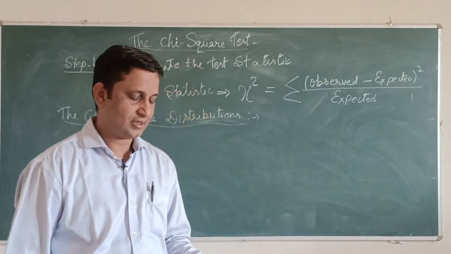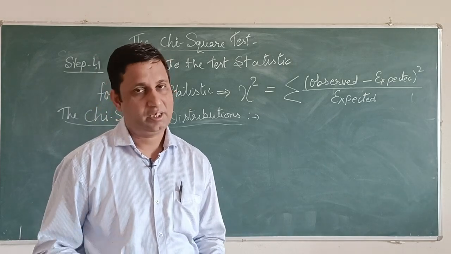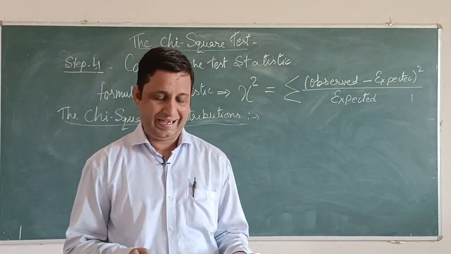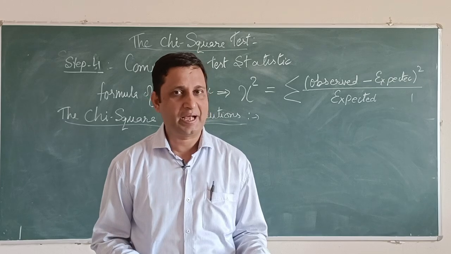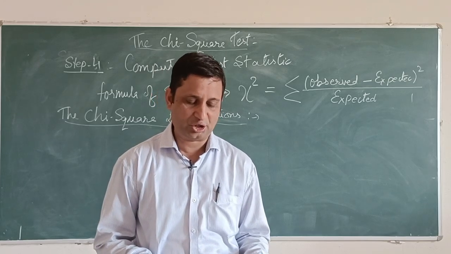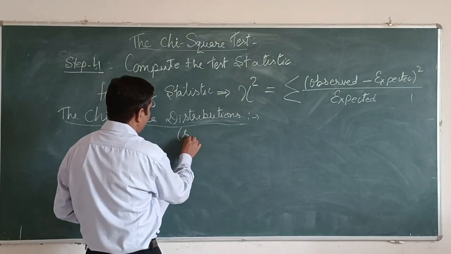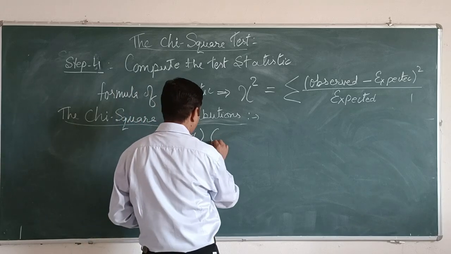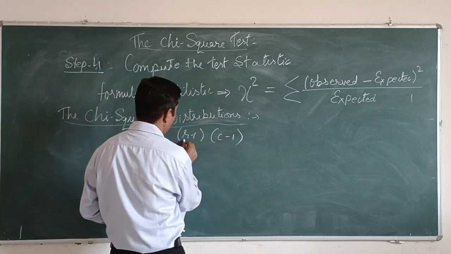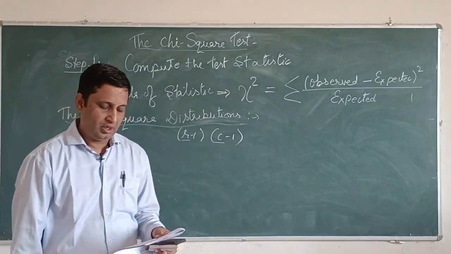The G-square test for a two-way table with R rows and C columns uses critical values from the G-square distribution with (R minus 1) times (C minus 1) degrees of freedom. Here R is for row and C is for column.